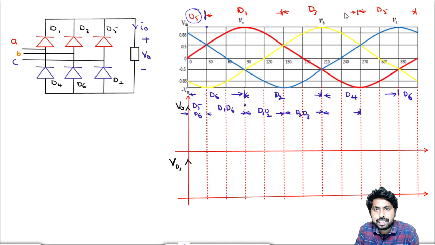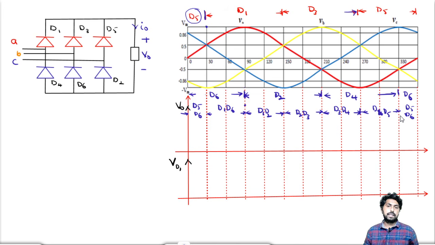D3 is still conducting up to here, so the next device is D4: D3 and D4. D4 is still conducting when D5 starts, so D4 and D5. Then D5 and D6. Now let us draw the output voltage for this combination.